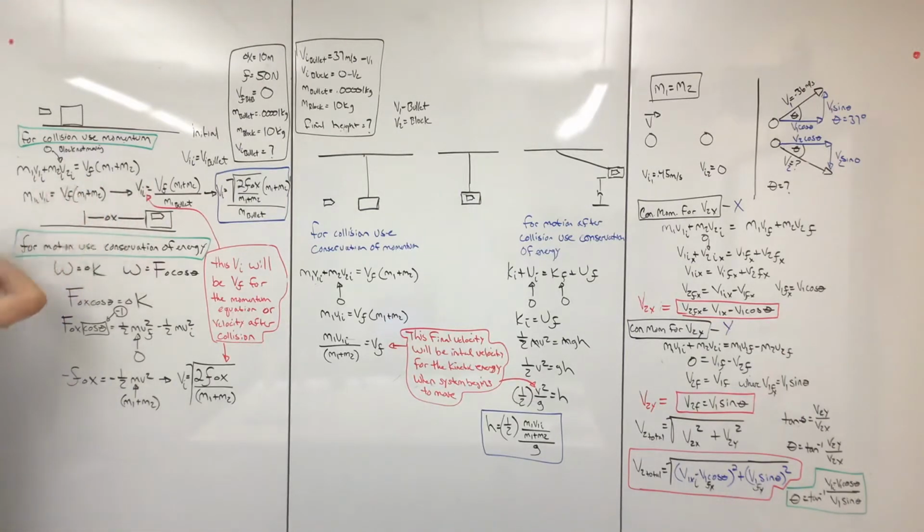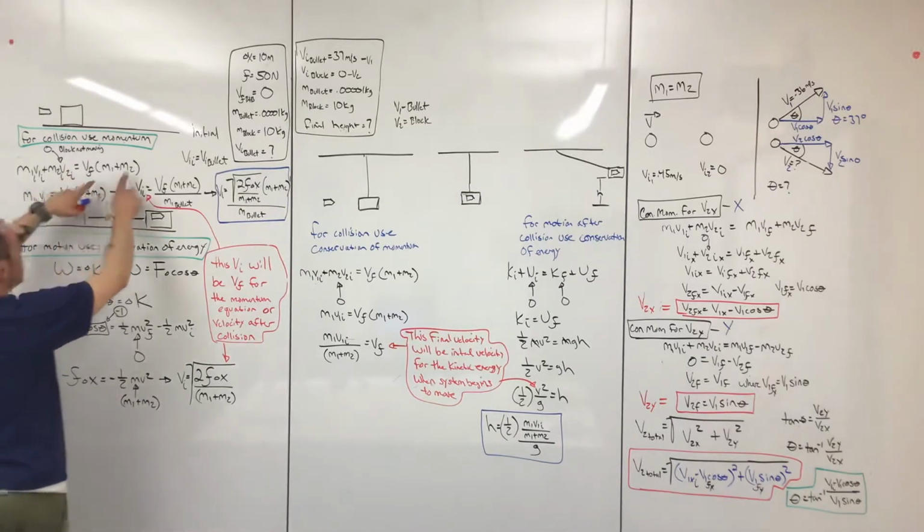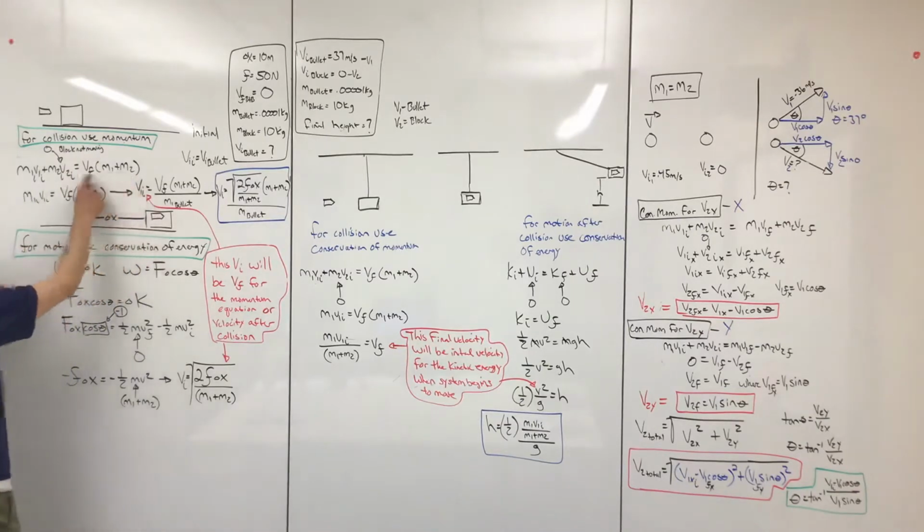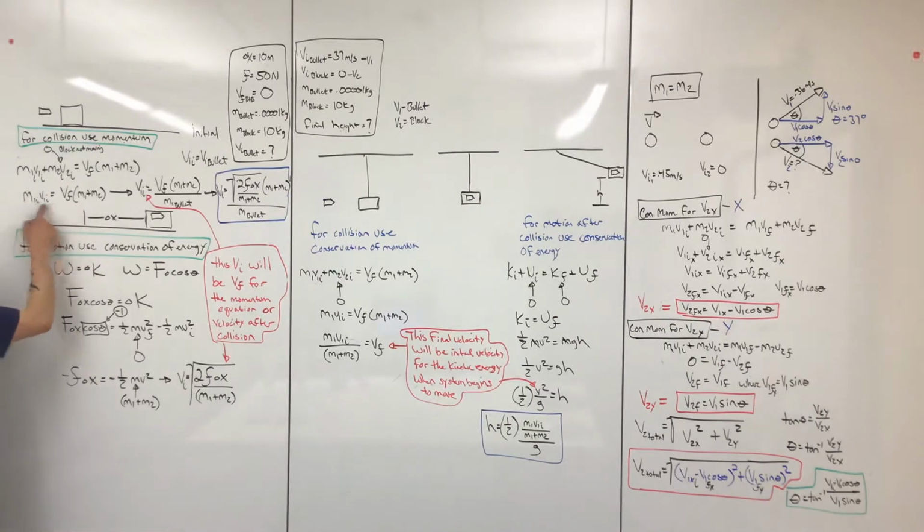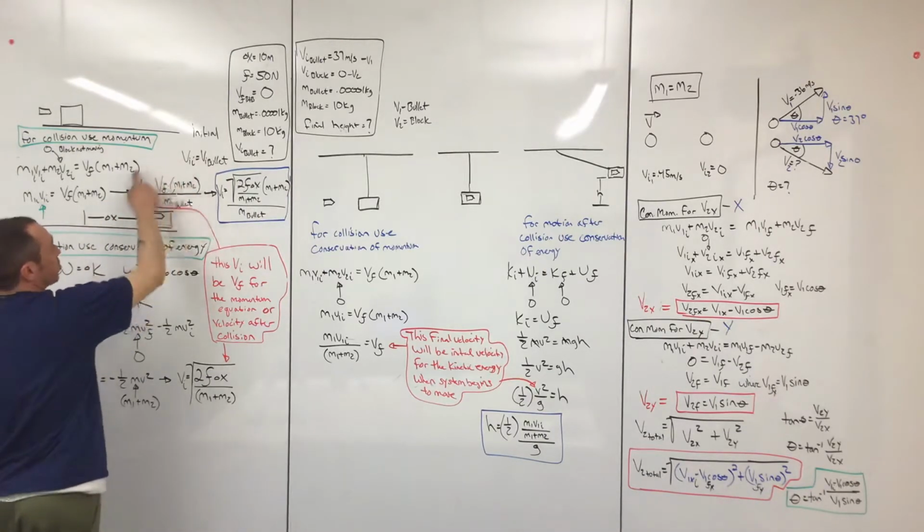This is our sticky equation from our concepts video, where the bullet and block are separate at the beginning, but then stick together and have a final velocity. And again, we're trying to find the initial velocity of the bullet. Now that we have a functional equation, we can solve for that initial velocity of the bullet.